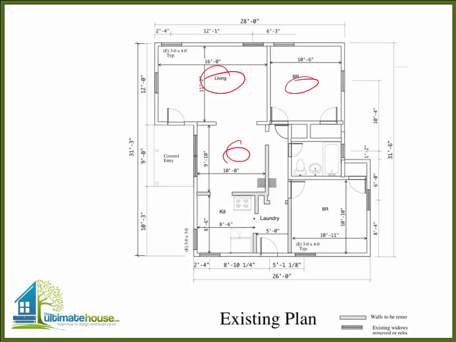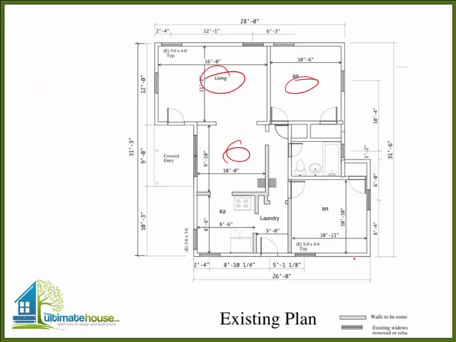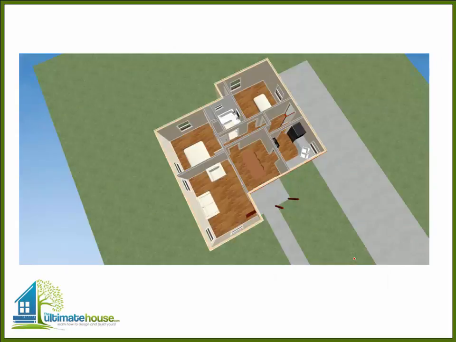Since that time, I'm now using a 3D program, and this is a little model I made of this same house. So instead of just a two-dimensional drawing, you can see it in 3D. And then I can even pop the roof off and show you these rooms from a bird's eye point of view.